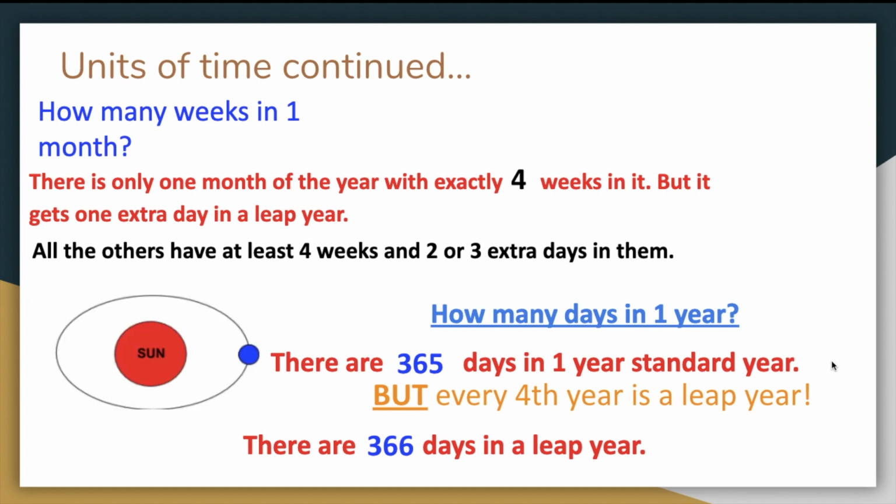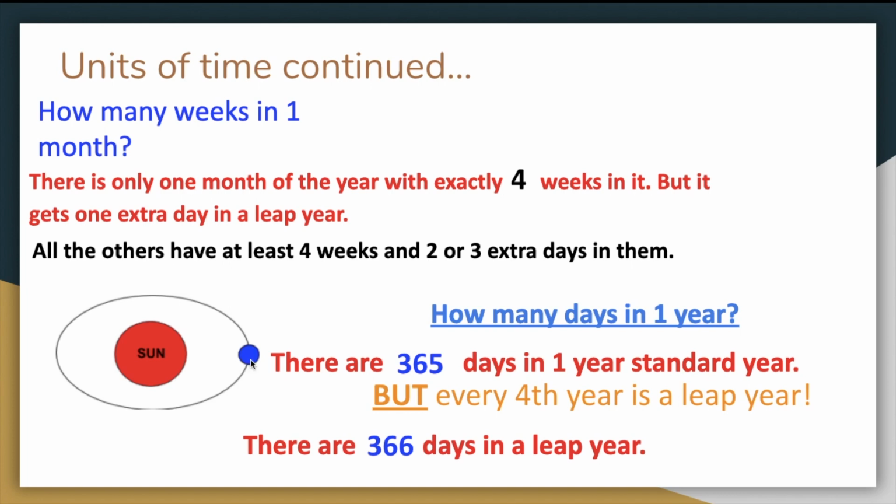The reason for that is because the Earth rotates around the Sun in an orbit, and 1 year is the time it takes for the Earth to travel all the way around, but it doesn't get back to the same spot in exactly 365 days.